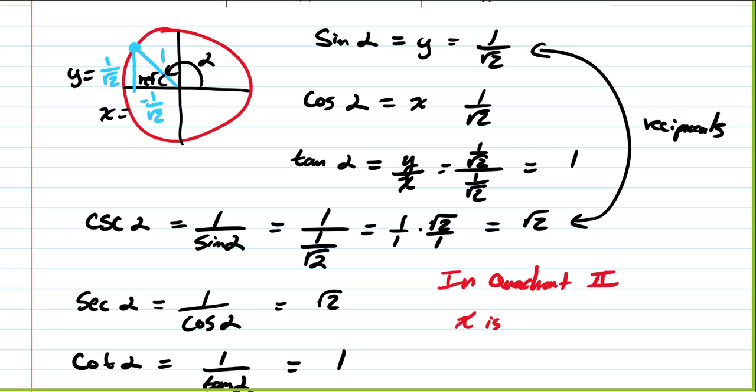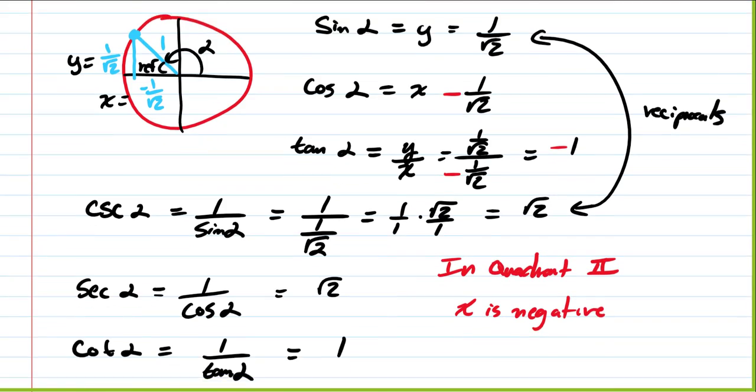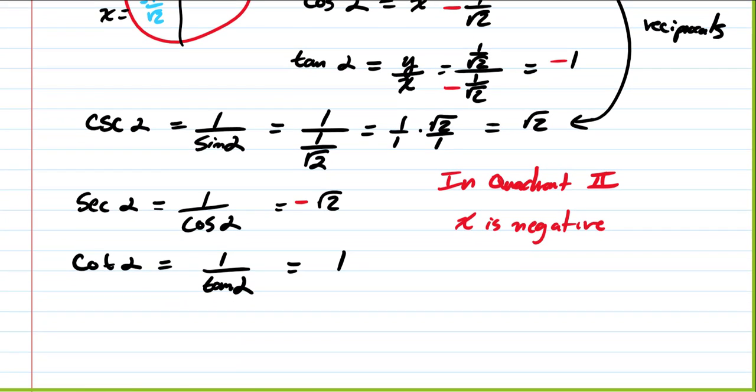X. So that means this one's negative. That means this one's negative. So this is -1. So the sign is fine. This one's negative, and this one's negative. So we have to be careful.